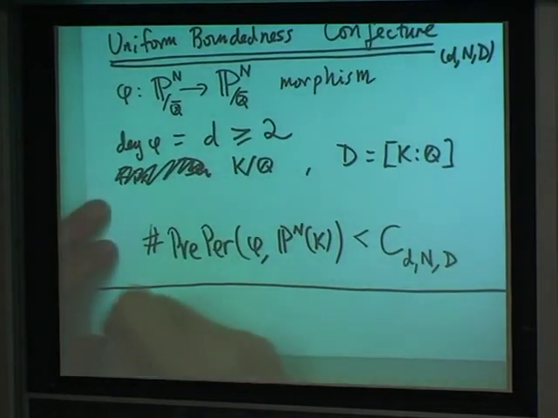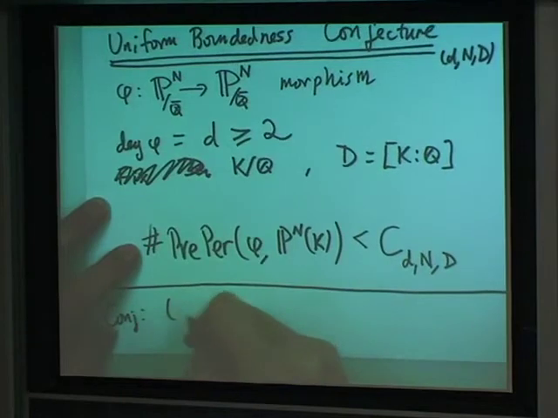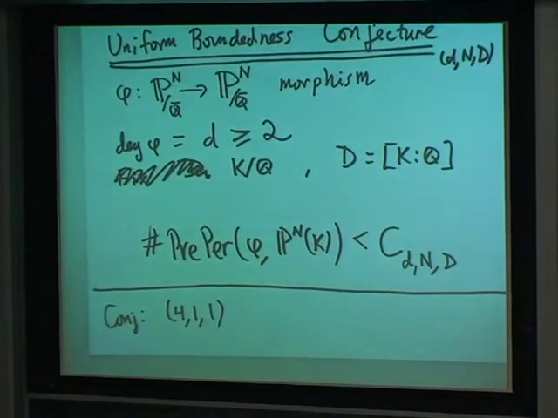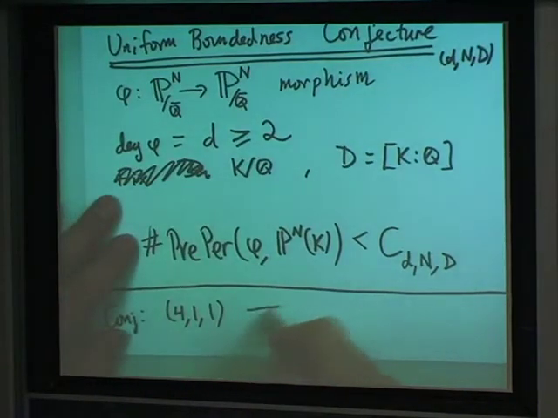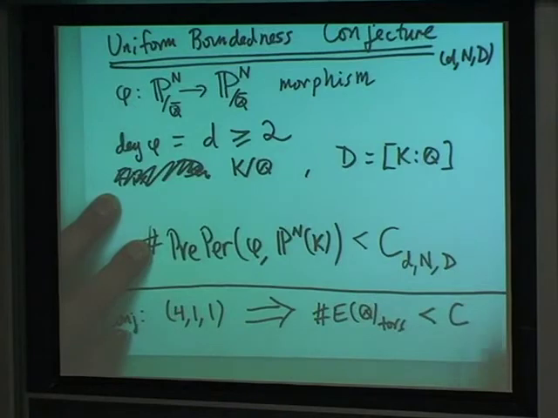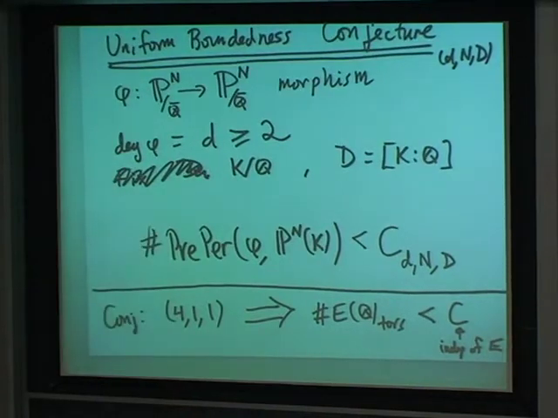Anyway, the conjecture for degree 4 maps on P1 for fields of degree 1, so just over Q, implies, in a quite trivial fashion, Mazur's theorem that the number of rational torsion points on an elliptic curve is bounded by an absolute constant, independent of E. Okay.